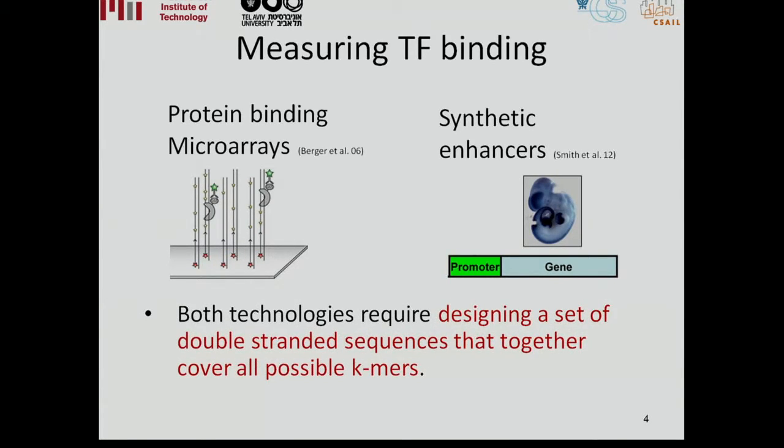And in both cases, if we want to probe systematically the set of possible targets, we need to design a set of double-stranded sequences that together cover all the k-mers, and this was actually done in both cases.